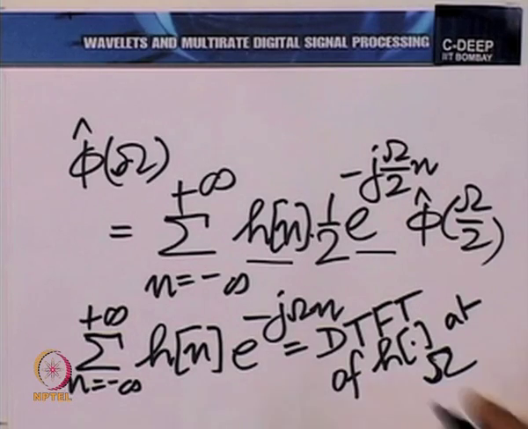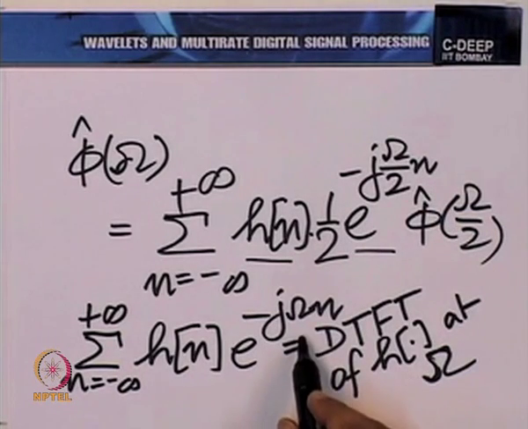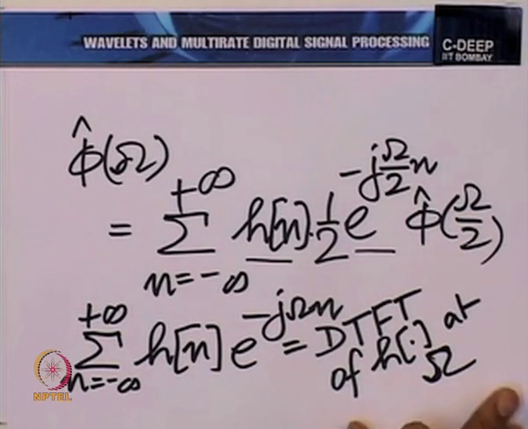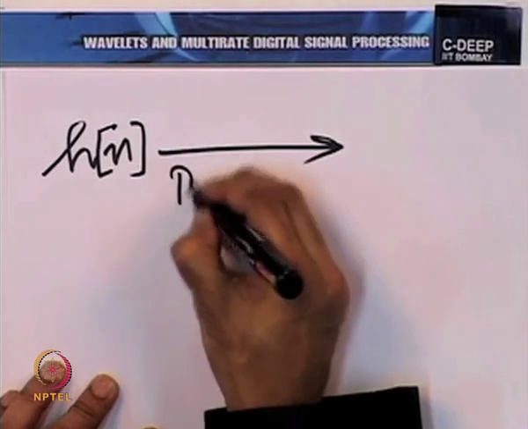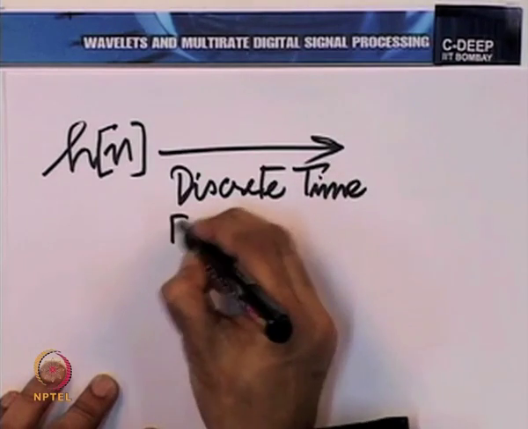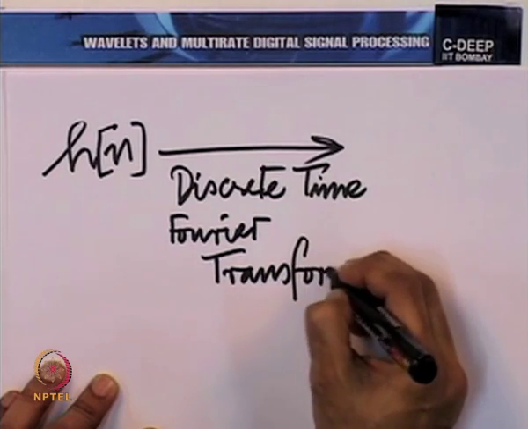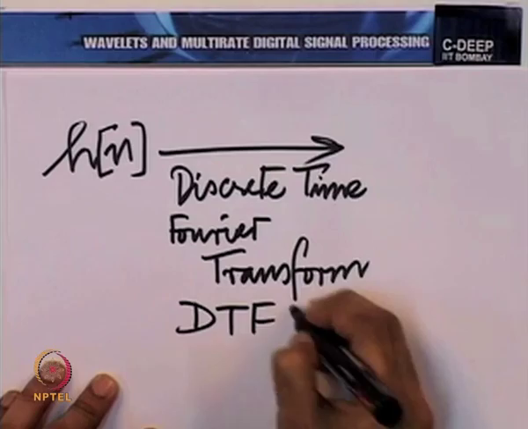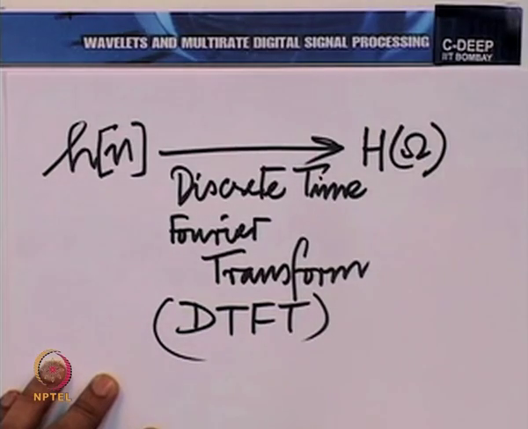So, all that we have done in this expression is that we have replaced capital omega by omega by 2, and we will again use the notation that we have been using. So, we are saying if h of n has the discrete time Fourier transform, or DTFT, given by capital H of omega.